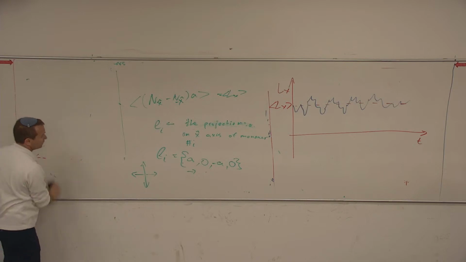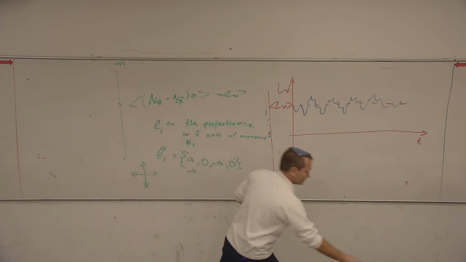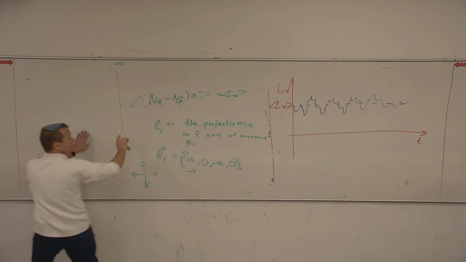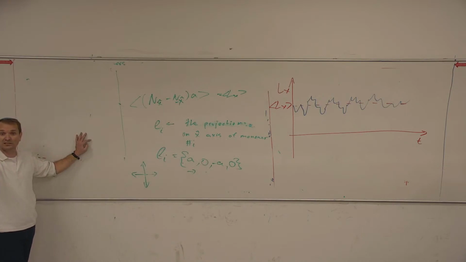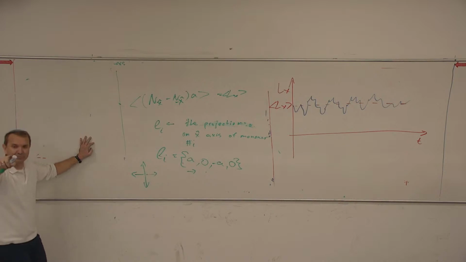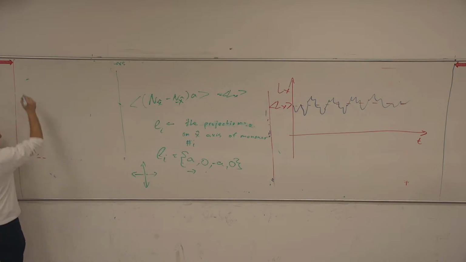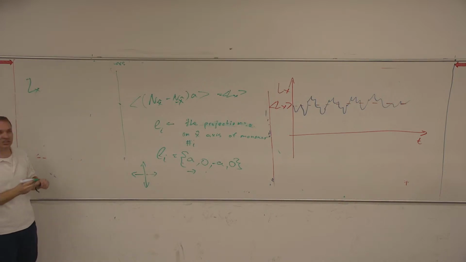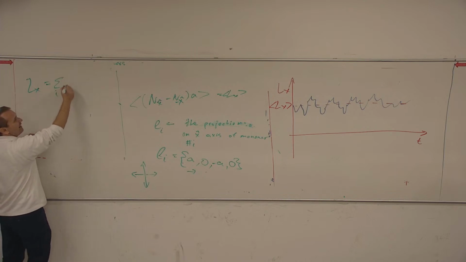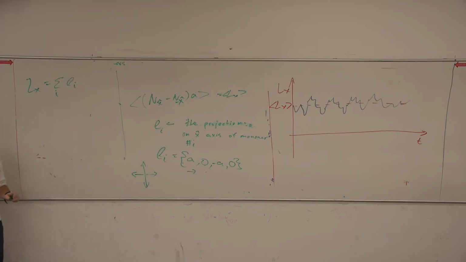I want Lx average. Instead of writing it like this, what is Lx? It's a sum over i of Li.